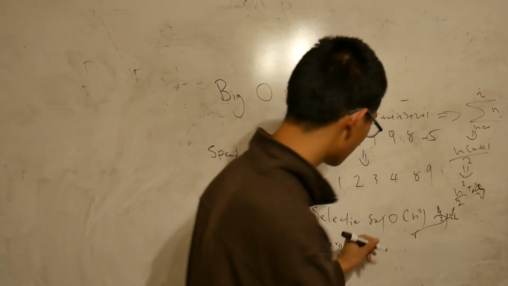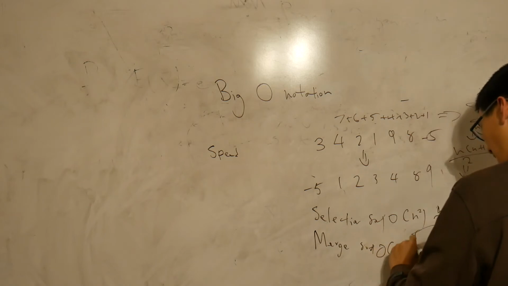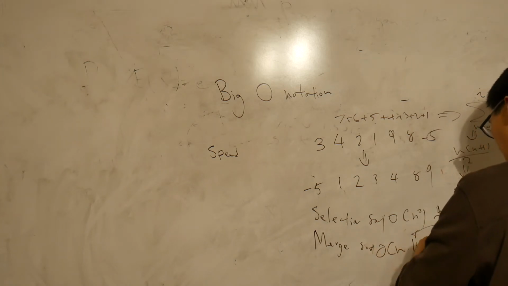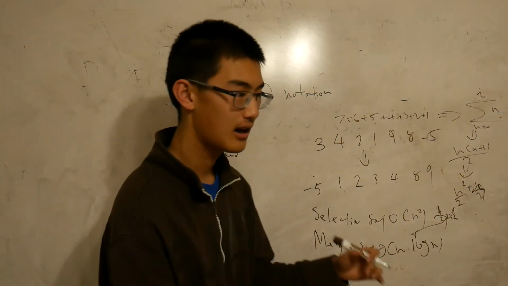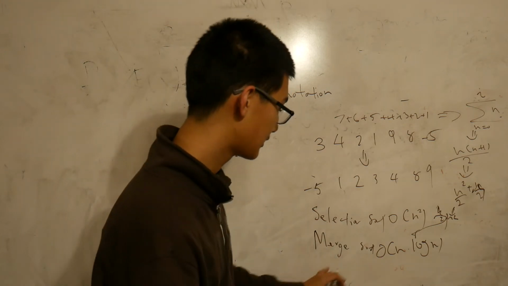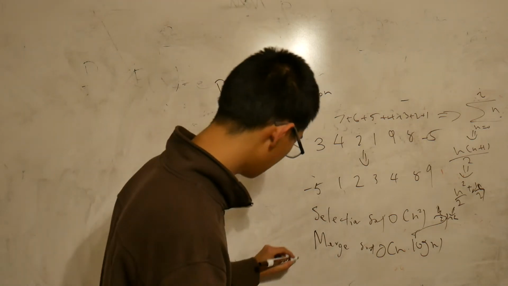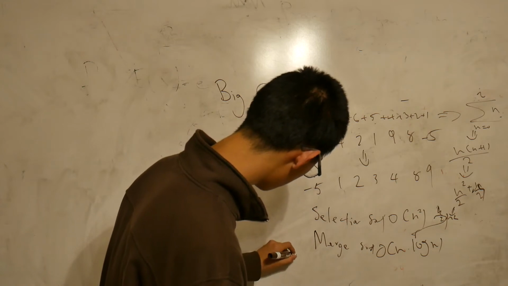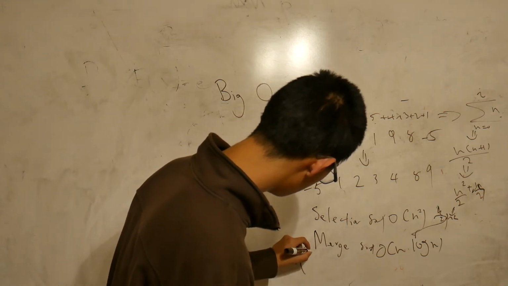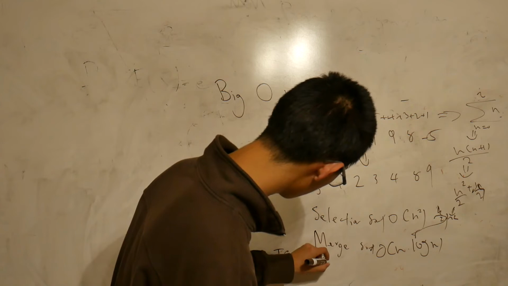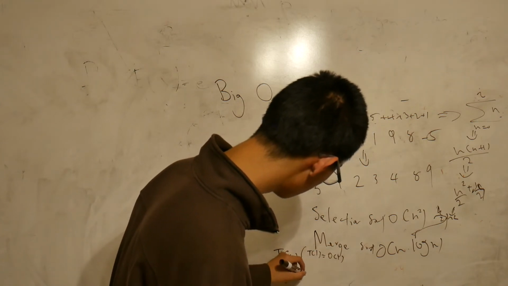And merge sort is a slightly better one, O of n times log n. Once again, you start with a very complex equation. This one is actually recursive, so the time would look like this: T of n, if n equals 1, then it equals O of 1, constant time.